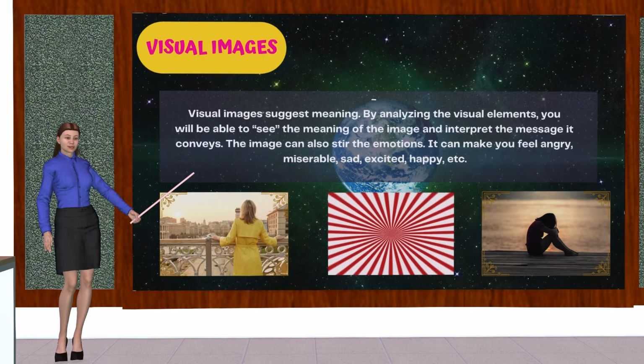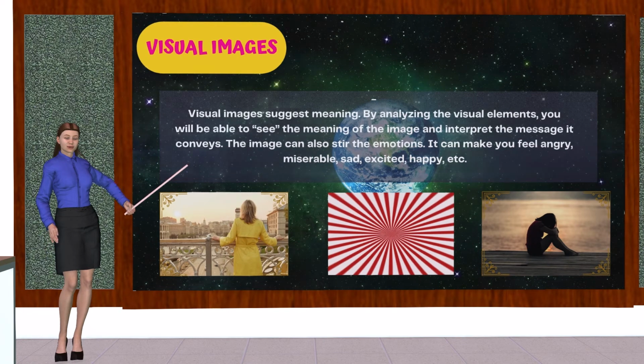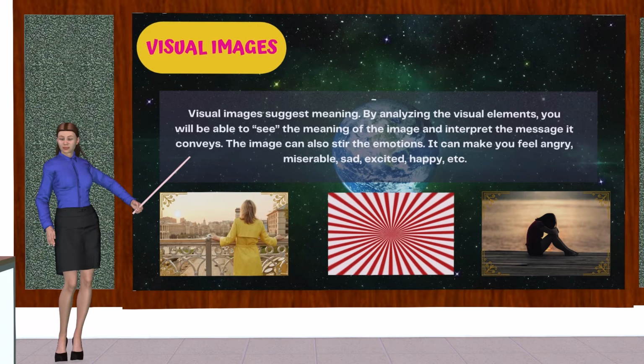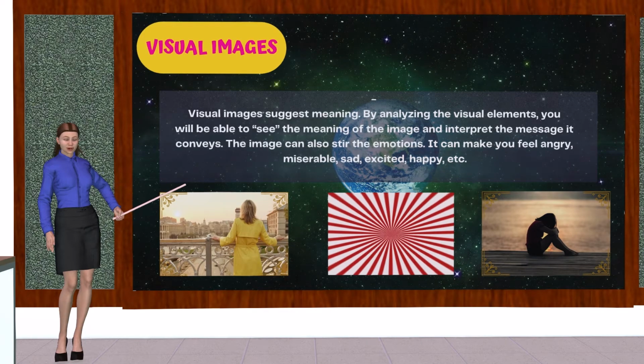Visual images suggest meaning. By analyzing the visual elements, you will be able to see the meaning of the image and interpret the message it conveys. The image can also stir the emotions. It can make you feel angry, miserable, sad, excited, happy, and etc.